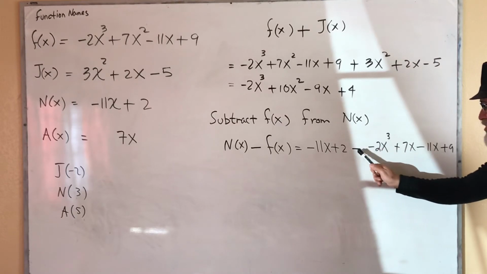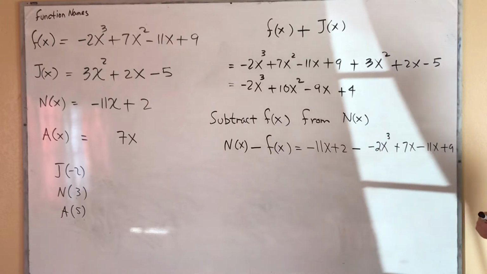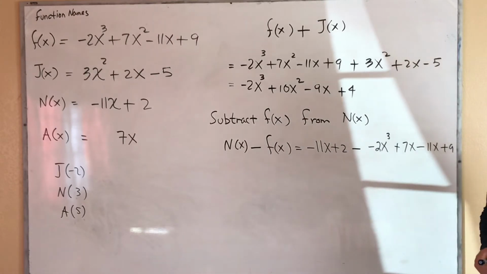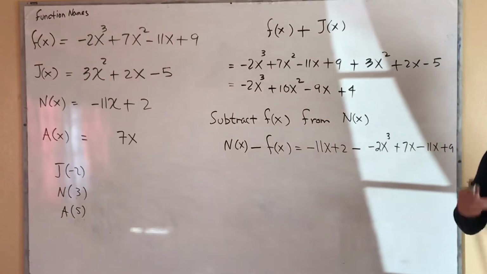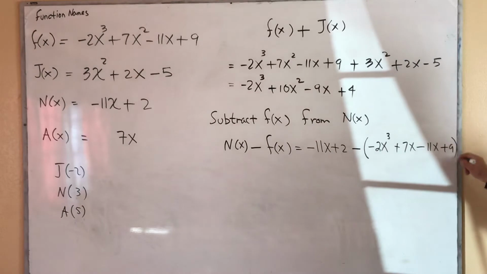You're only subtracting this term, which belongs to Frank. Parentheses are very important when it comes to subtracting polynomials. You need to subtract all of Frank. To subtract all of Frank, you use parentheses. And that's correct. Don't forget parentheses when you are subtracting.